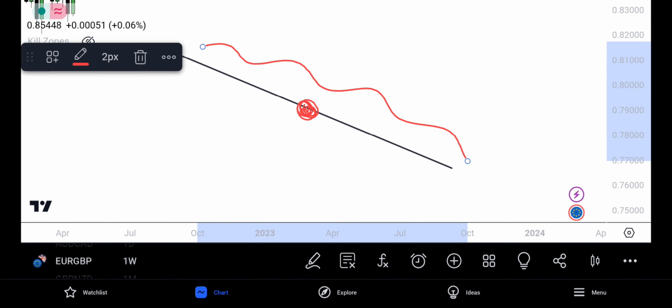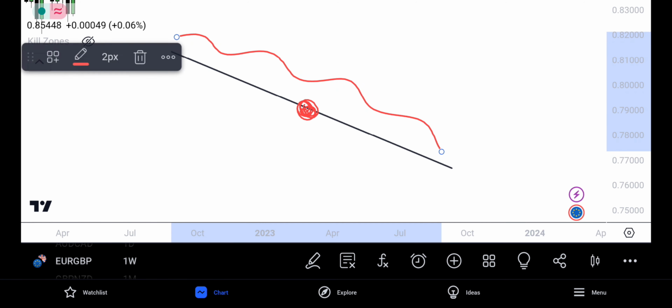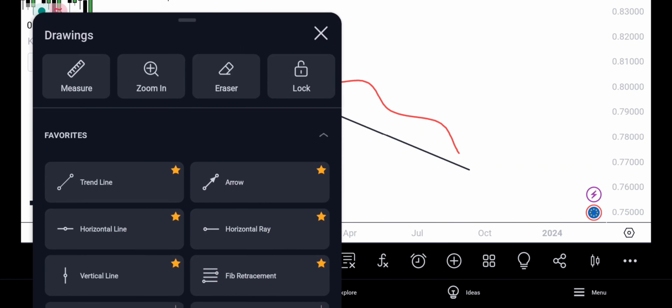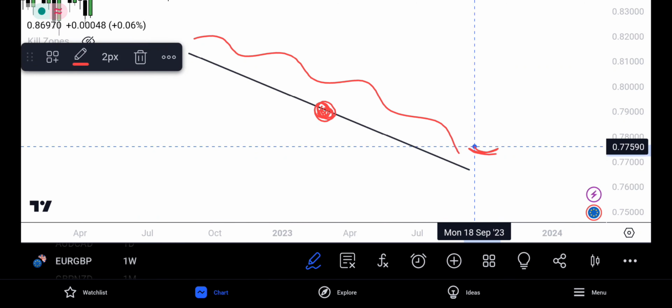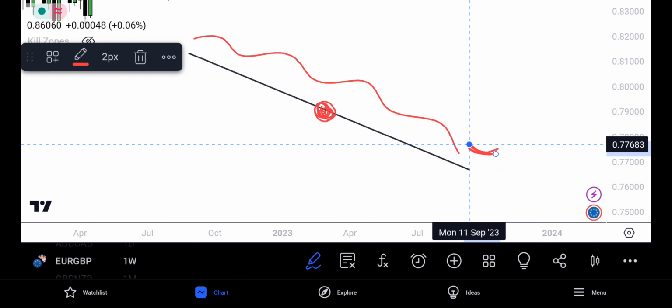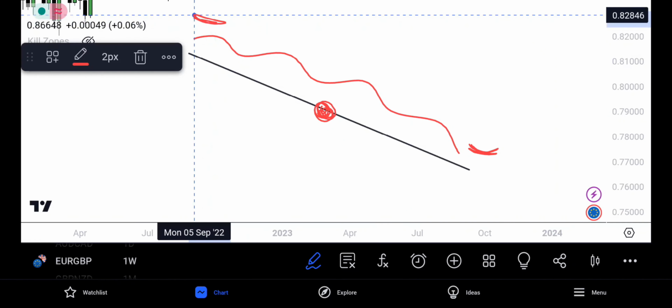Would you put your boat at this point here to come to point A, or would you put your boat at this point here to come to point A?